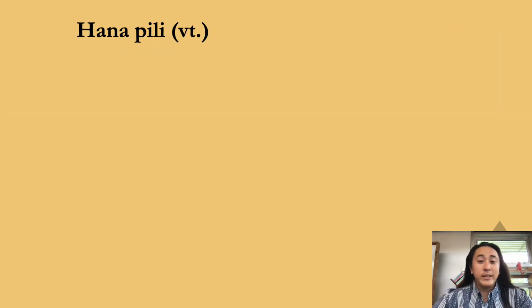So the VT in the dictionary stands for verb transitive, or a transitive verb. Hana pili, an action that clings onto something else. Pili, to cling onto something. Some people call them hamani. These are verbs that affect other objects, and you need the other objects to complete the verb.